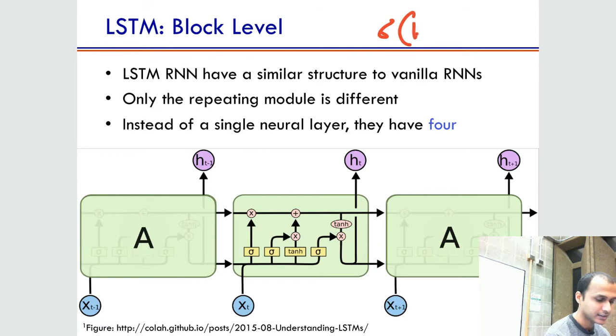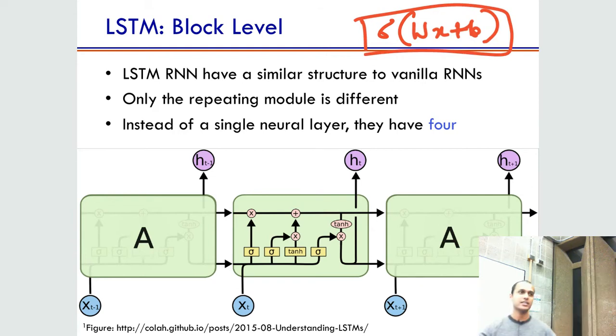I just mean something like this: wx plus b. So this is a linear transformation followed by a nonlinearity. Let's say this is the simplest block, and then you have 4 such blocks here, the yellow objects, and they have some semantic meaning when they constructed this type of architecture. It's actually really old, 1990s.